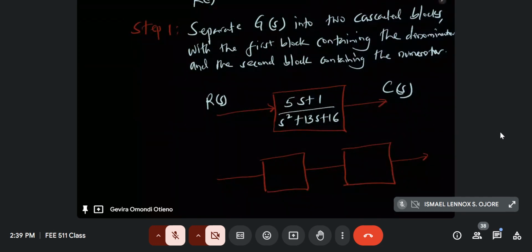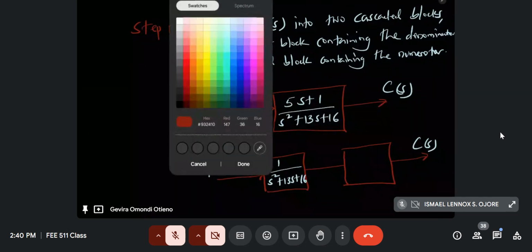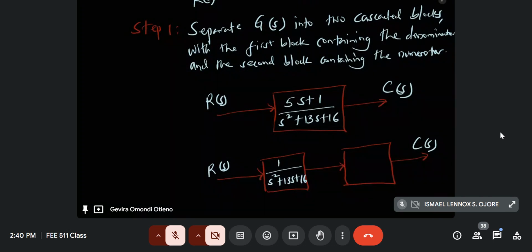So now you still have your R of S here, and your C of S there. But remember, the denominator term takes the first block, S squared plus 13S plus 16. And the numerator term takes the second block. That is the order. Very critical. So the second block is 5S plus 1.